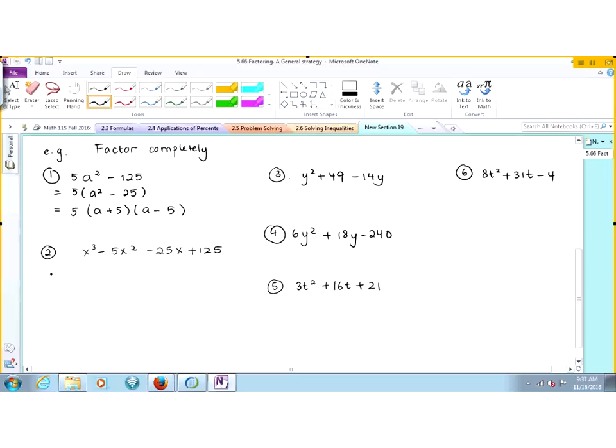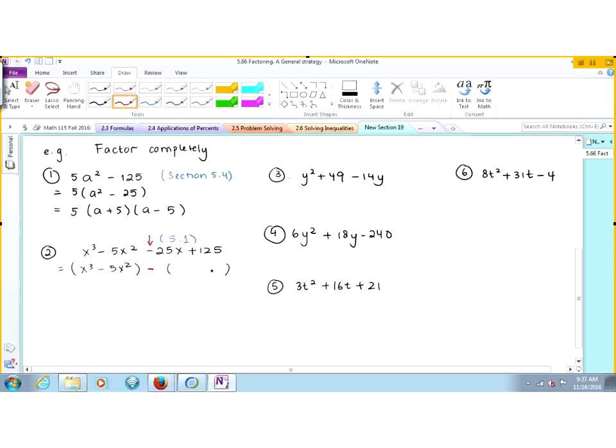Now, number 2, this is grouping. So let me tell you what section this is. This is section 5.1. So the grouping problem is section 5.1. When we group, we usually group the first 2 and the last 2. So the first 2 is x cubed minus 5x squared, and this sign here is really important.